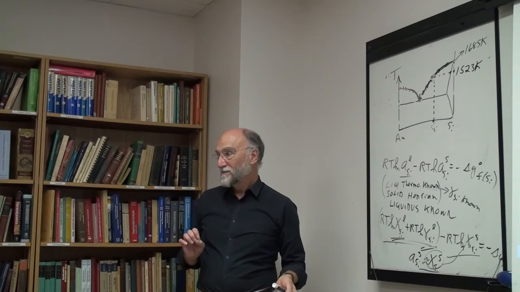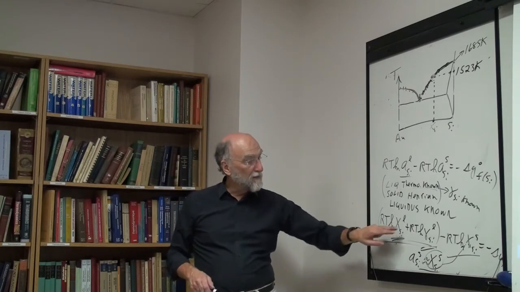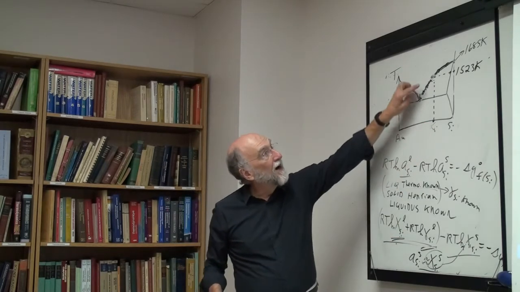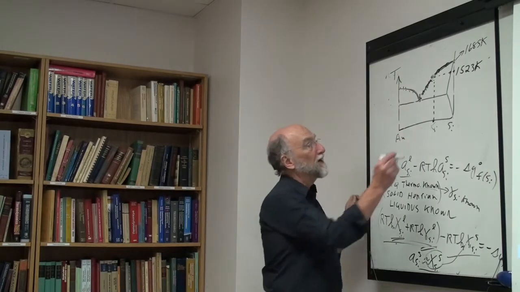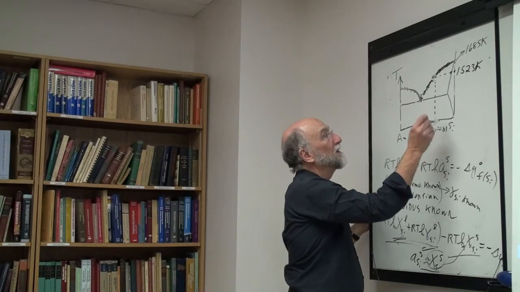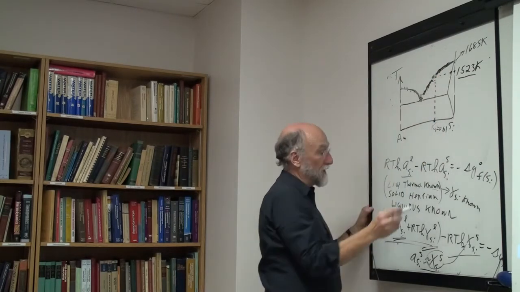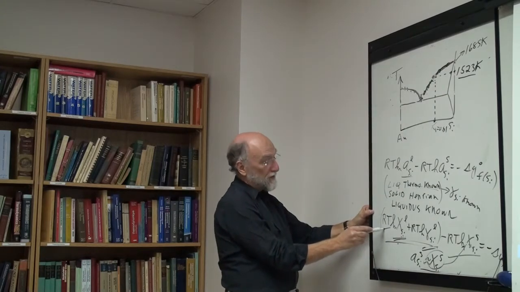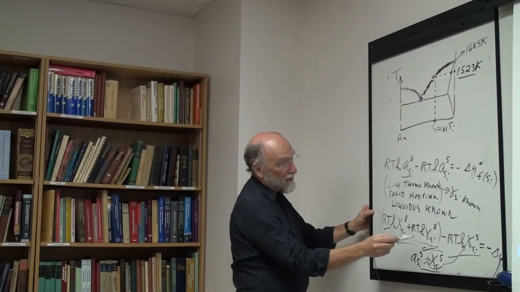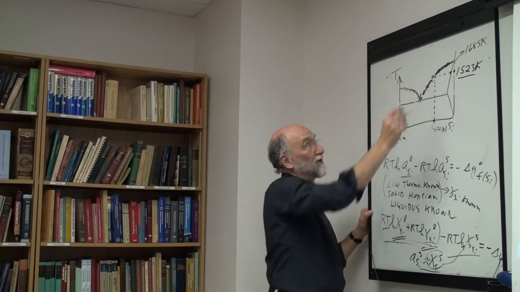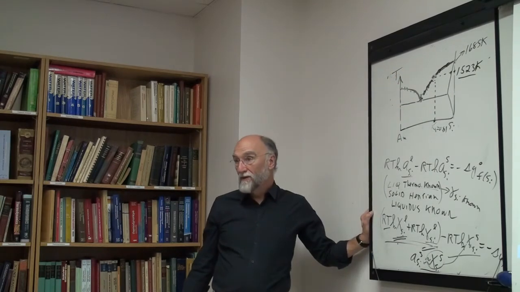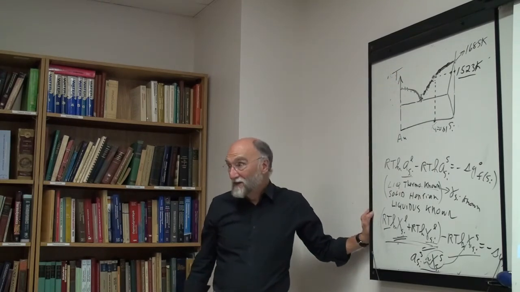Okay, I know the thermodynamic properties of the liquid, so I know the mole fraction at the liquidus. When I know X silicon is 0.81, I know the temperature is 1523, so I put in 1523, I put in 0.81, and the activity coefficient of silicon in the liquid is known at that point, or I might assume it's ideal.